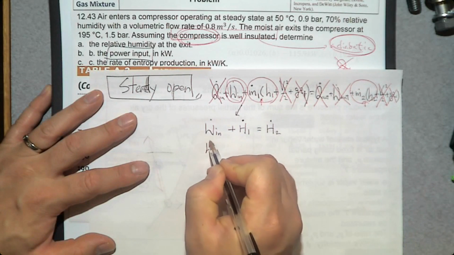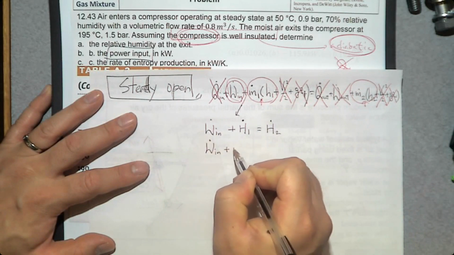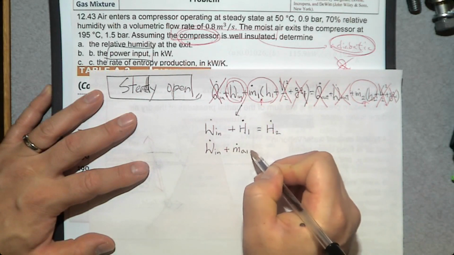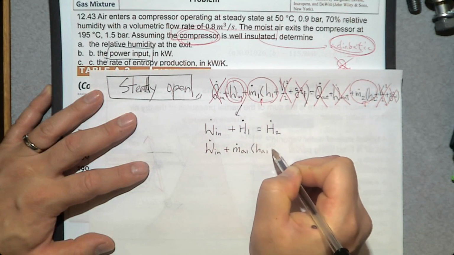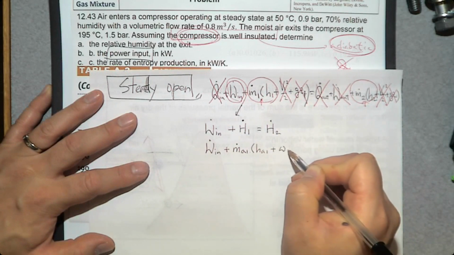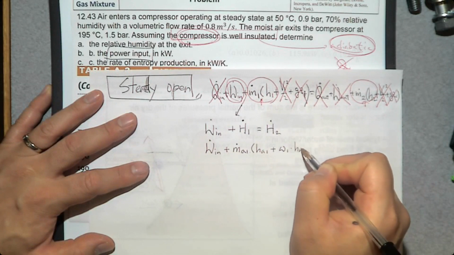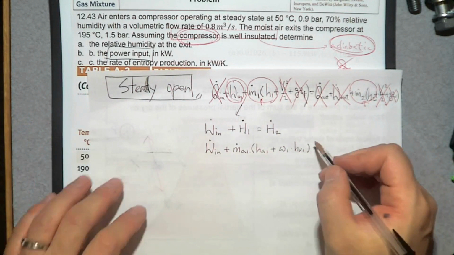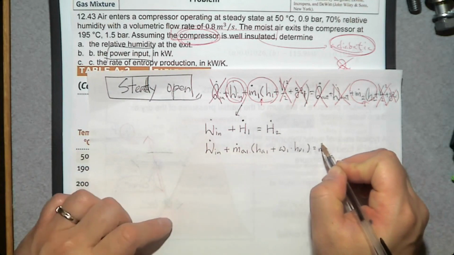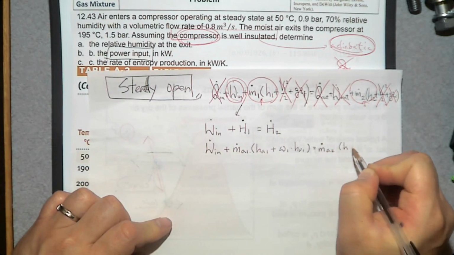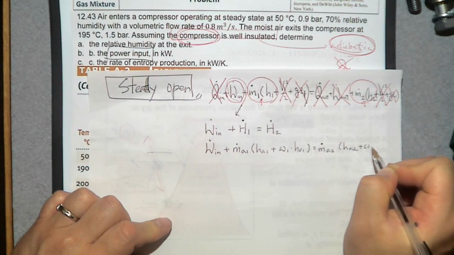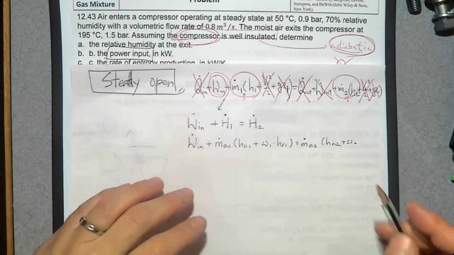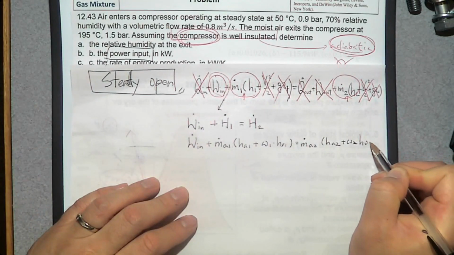So this is m dot of A at the inlet times h_A1 plus omega 1 times h_V1 is going to be m dot of A2 times h_A2 plus omega 2 h_V2.